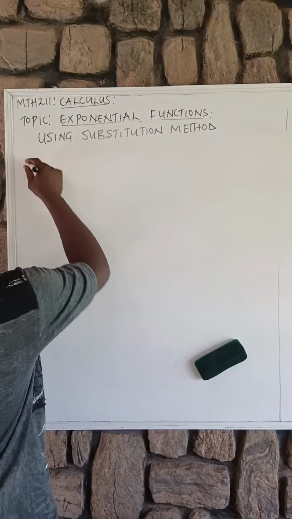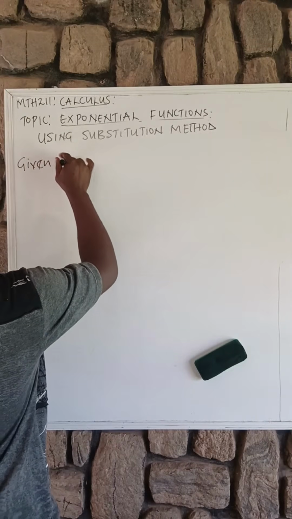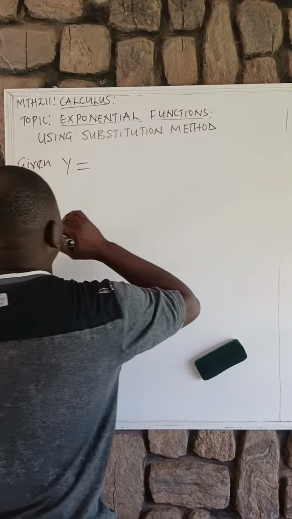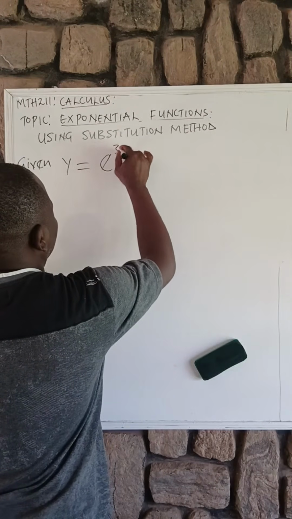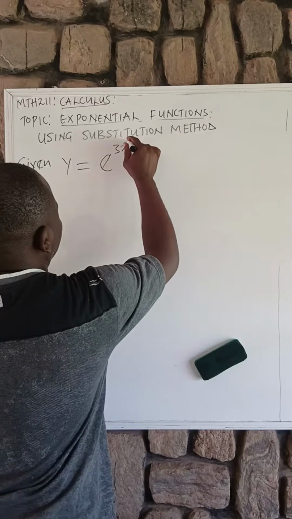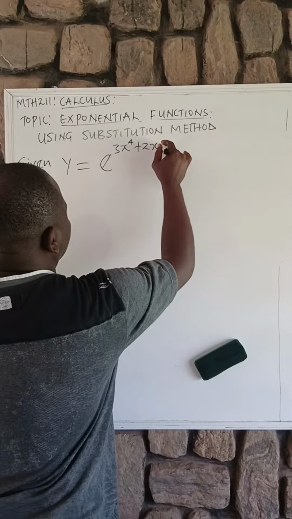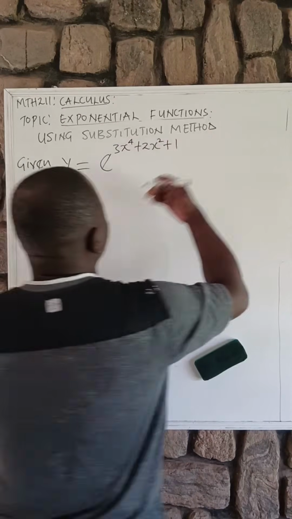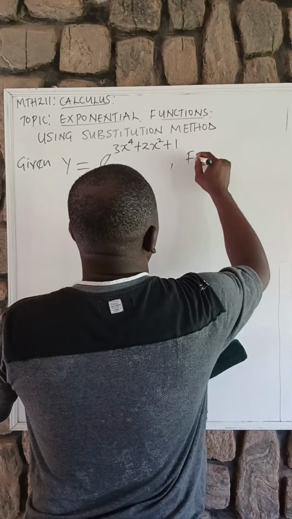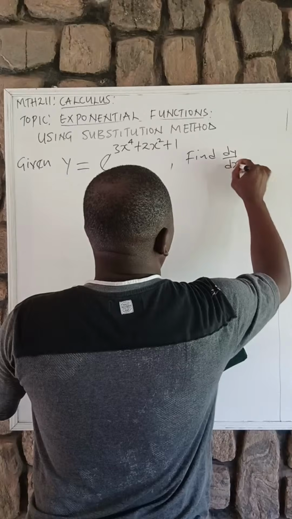Another example: given y equals exponential of 3x raised to power 4 plus 2x squared plus 1, find dy over dx.